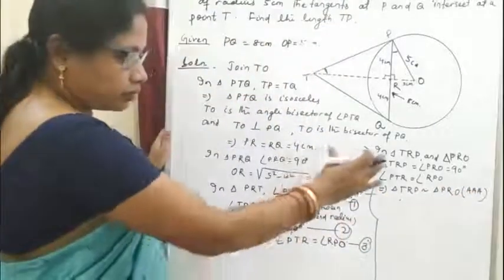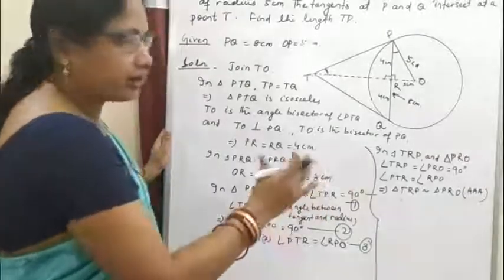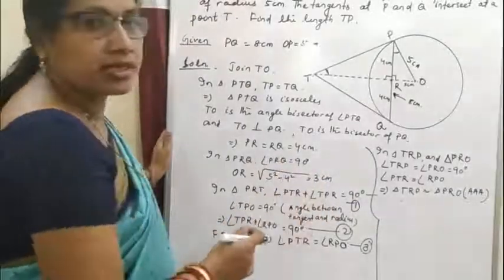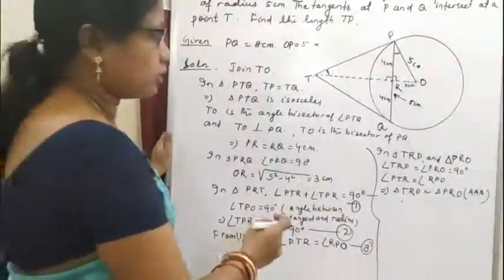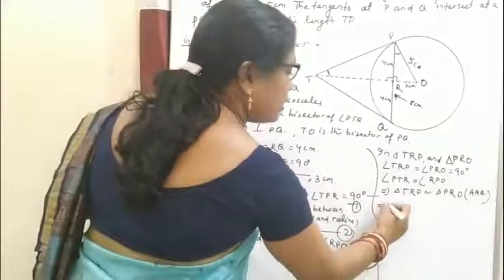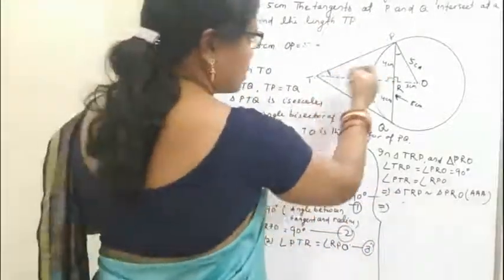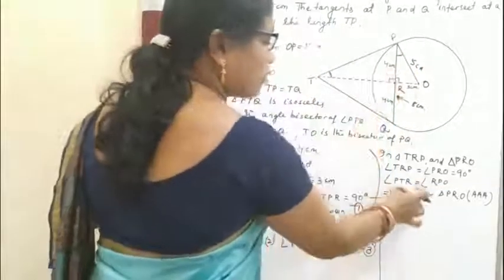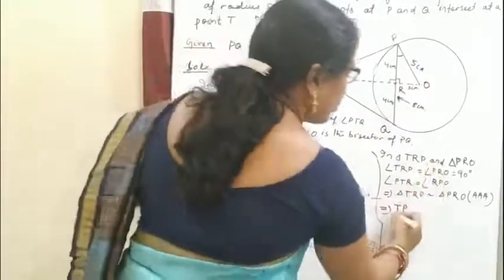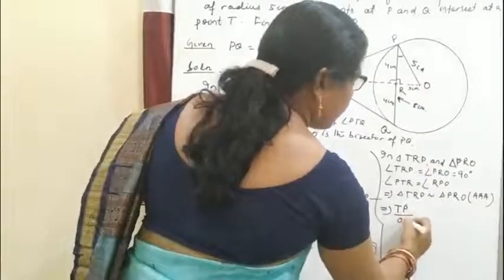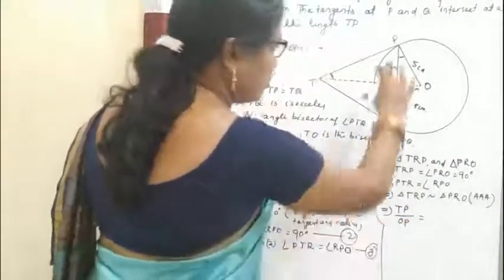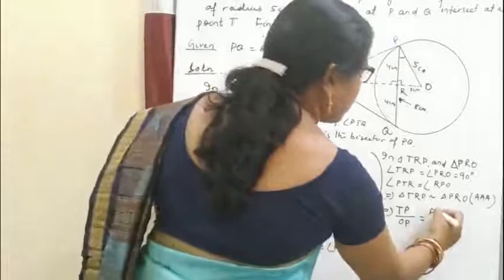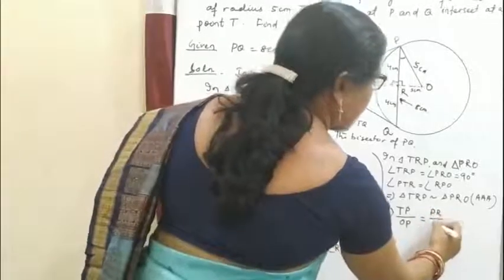So if the two triangles are similar, then their corresponding sides are in equal ratio. So what are the sides? TP is the hypotenuse of the triangle TRP. So TP by OP is equal to PR by RO.